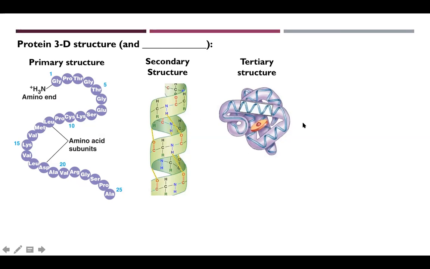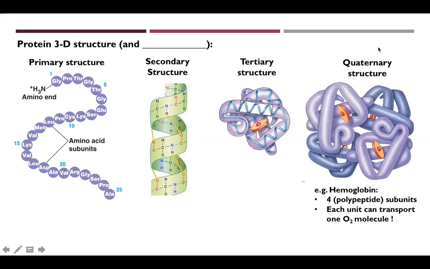And you see this little spiral within it? That's the secondary structure. So there's hydrogen bonds making that little spiral or helix, and then different interactions between the other amino acids are causing it to fold a certain way.